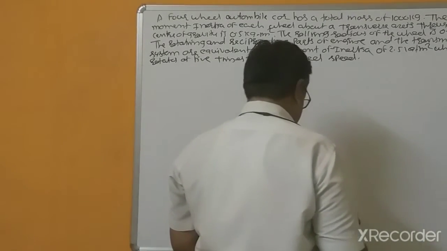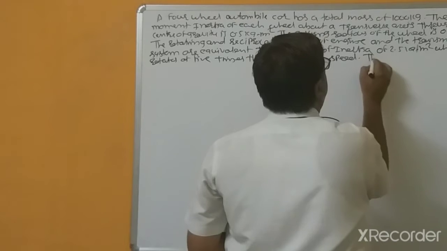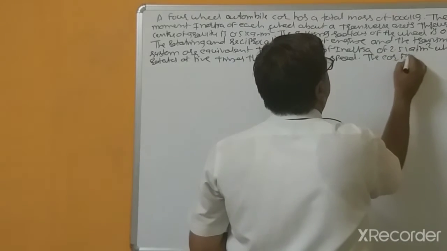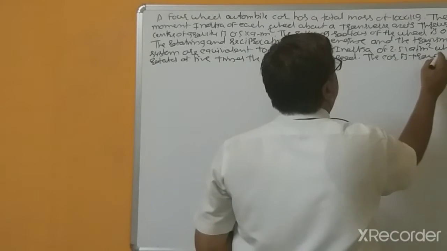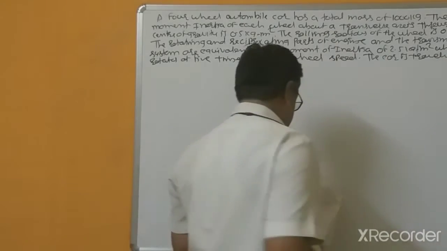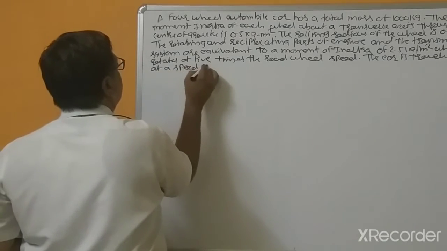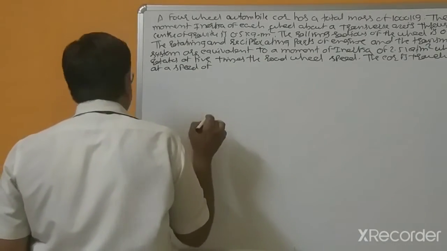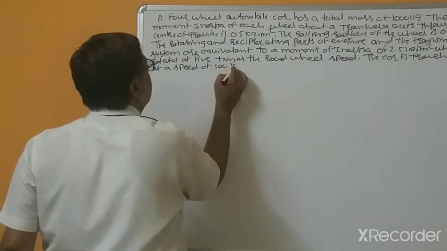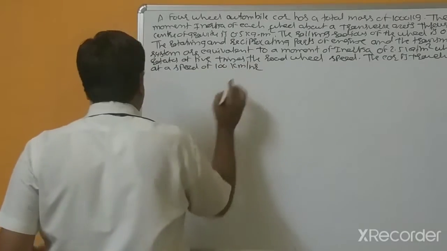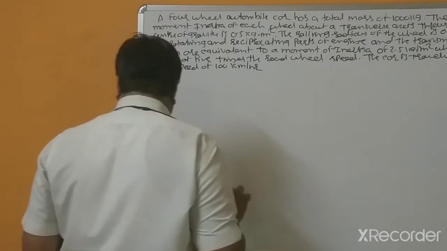The car is traveling at a speed of 100 kilometer per hour on a plain road.